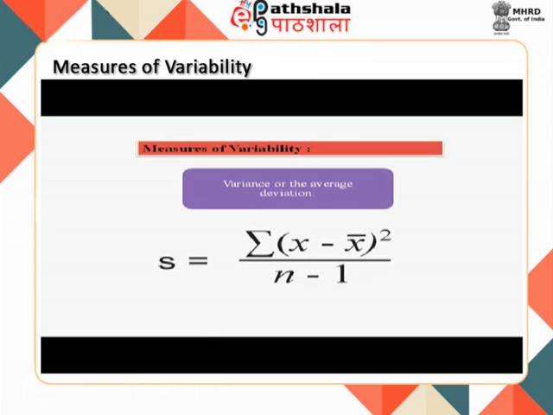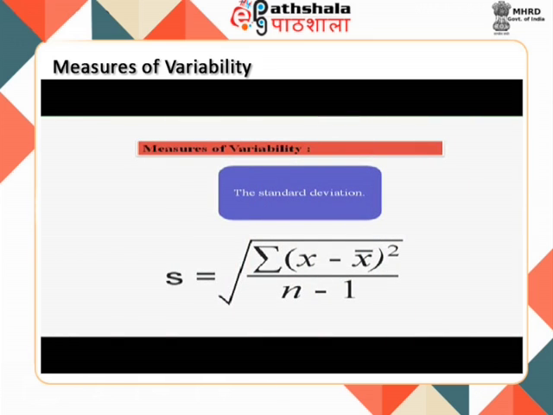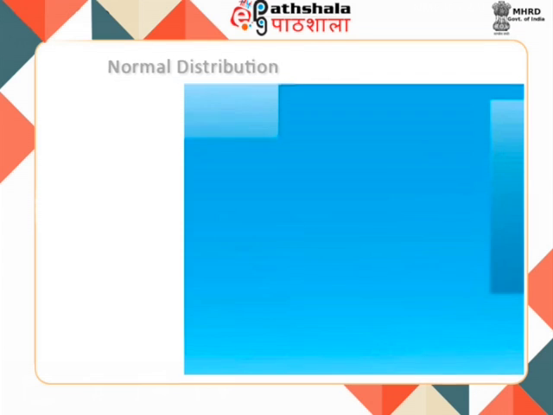The average deviation or variance is the mean of the deviations of all of the individual scores in a series taken from their mean. Finally, the standard deviation is the square root of the variance and is the most widely used variability measure in descriptive and inferential statistics.